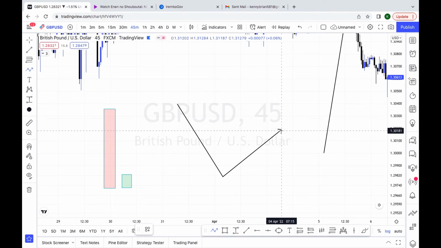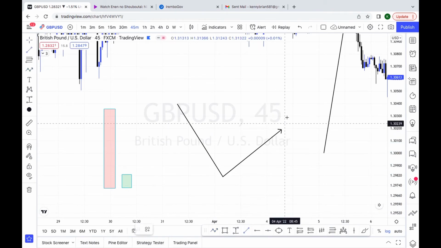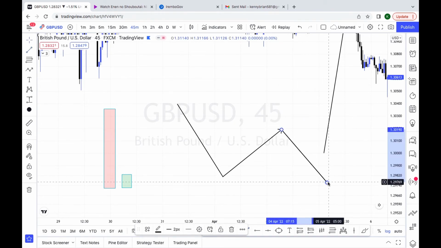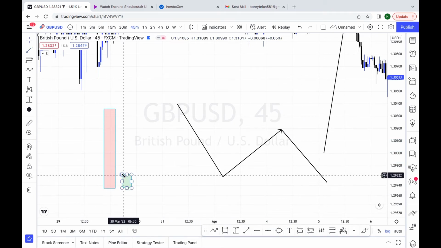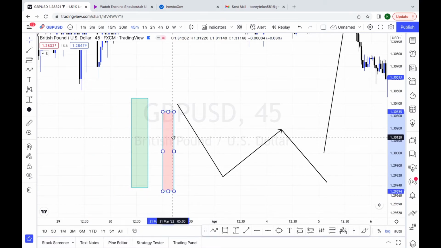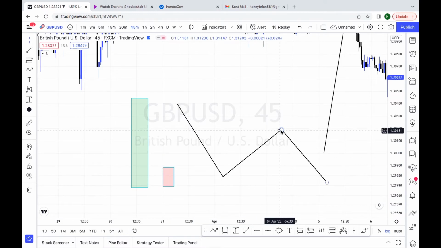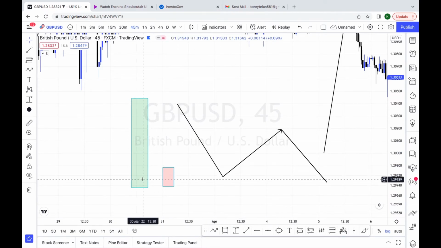And if you see this here, and this is the baby, and you see it on top here, you can sell, right? So let me show you guys an example.